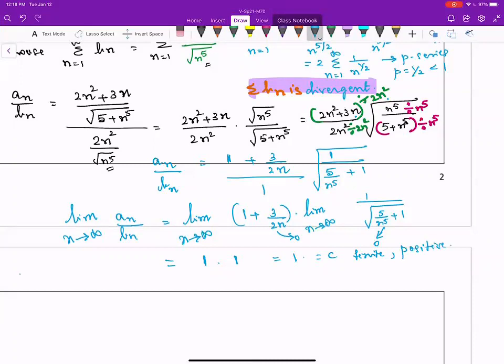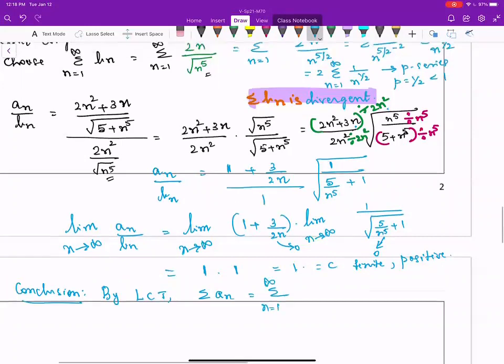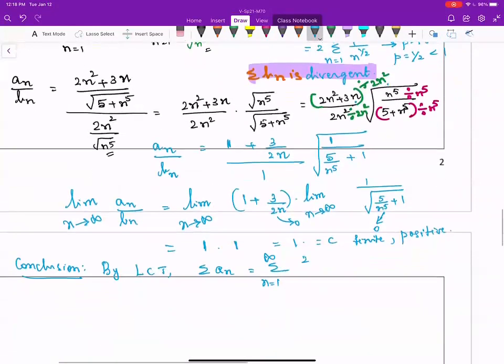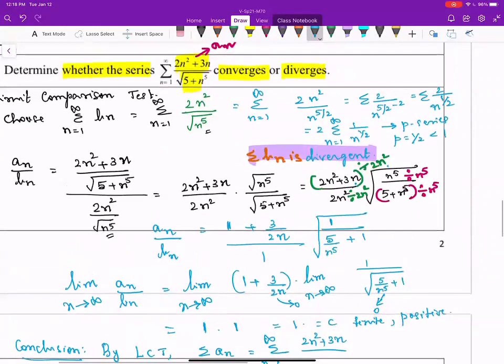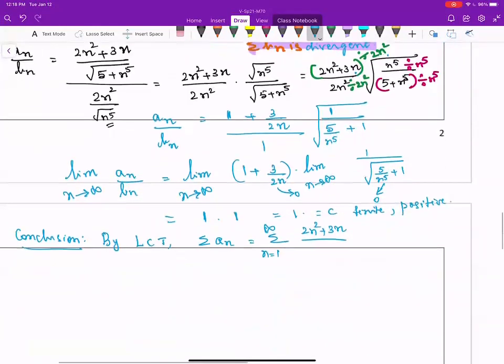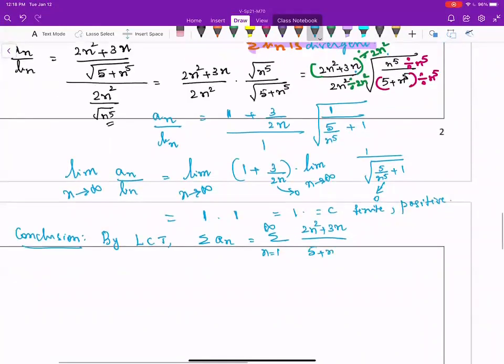If so, then what is your conclusion? Sigma an and sigma bn behave alike by the limit comparison test. Sigma an, with n varying from 1 through infinity, is the given problem, 2n square plus 3n over 5 plus n to the power 5 within the radical.